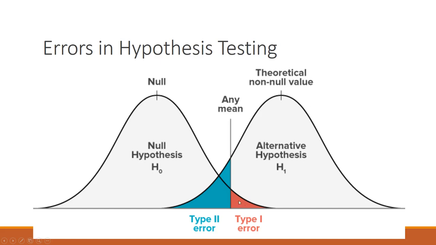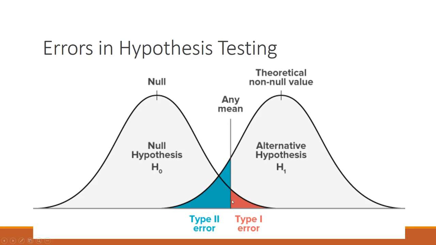That means if we find a value that's out here, above this line, this critical value, this is any mean, then we will reject the null hypothesis. The probability of doing that, if the null hypothesis is true, is this space here shaded in red.